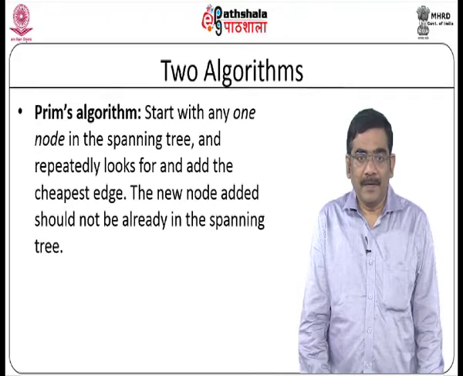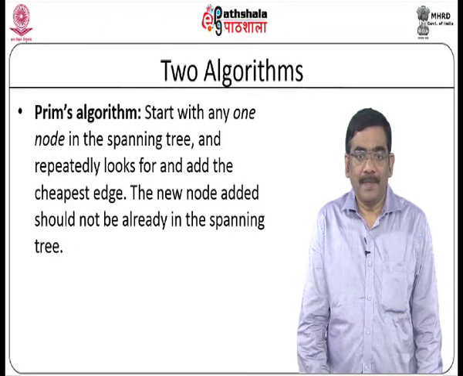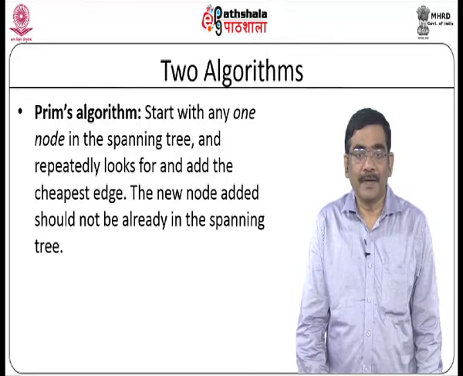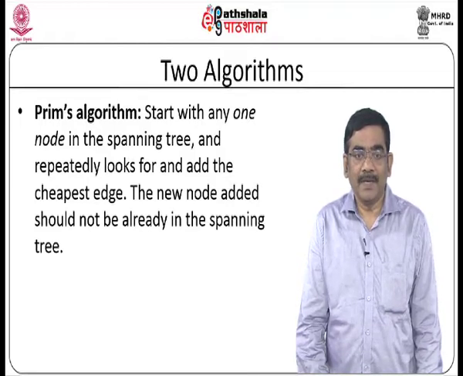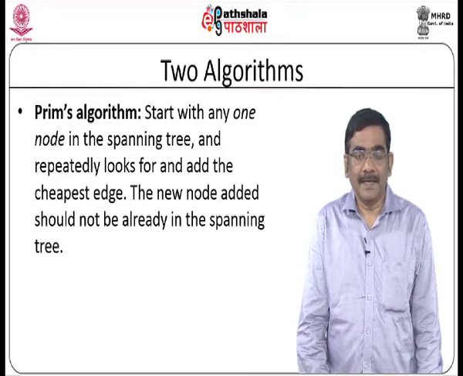The other prominent algorithm is called Prim's algorithm. Here we start with any node in the spanning tree, and again we are looking for the cheapest edge. The criteria is that the new node should be an unexplored node.